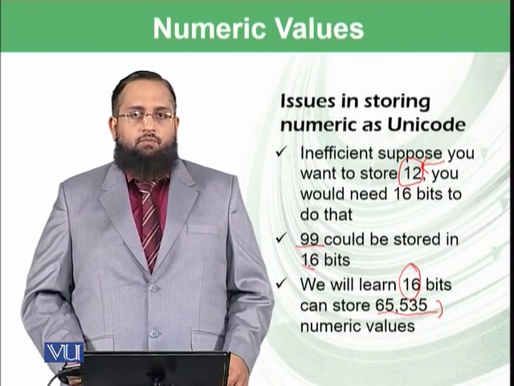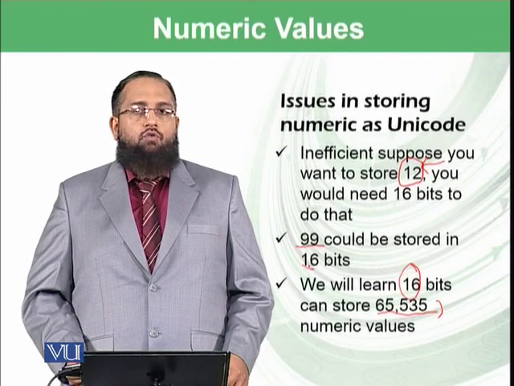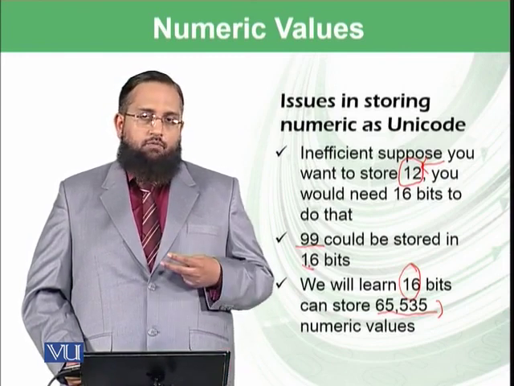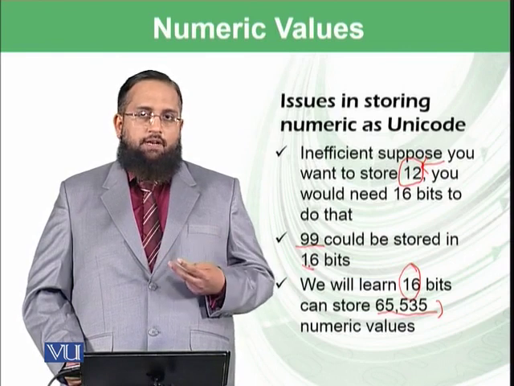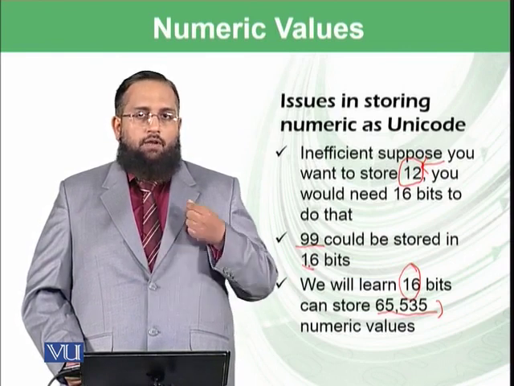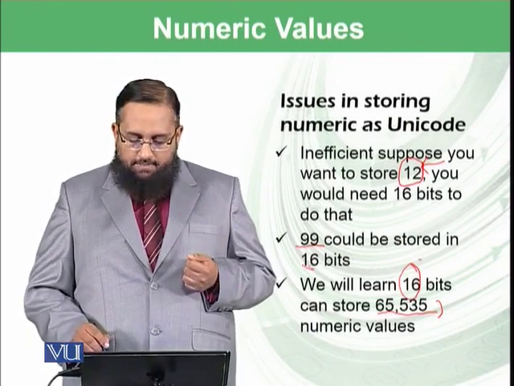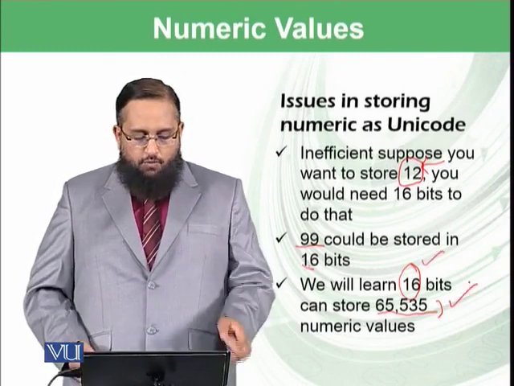That's it. The maximum number which can be represented in 2 digits is 99, and those could be stored in the computer in the form of 16 bits. However, we will learn that with 16 bits we can store such a huge number. Let's see.